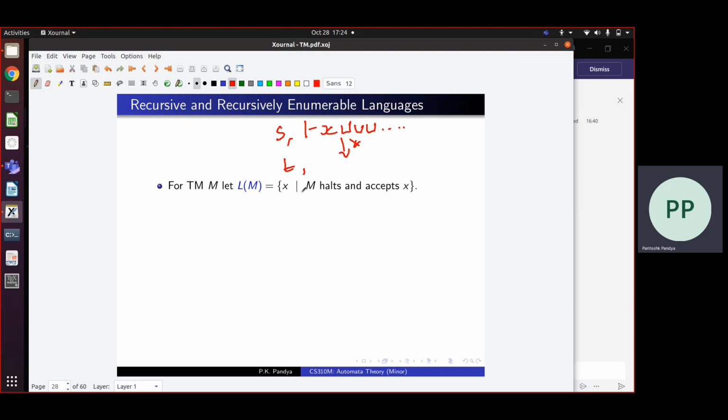There is an asymmetry between including a word and not including a word. A word is included if the Turing machine halts in a finite number of moves and accepts. On the other hand, a word is not included in the language of the Turing machine if either it is rejected in finitely many steps by reaching the R state, or the Turing machine loops forever on that input X. Okay, so this is important.